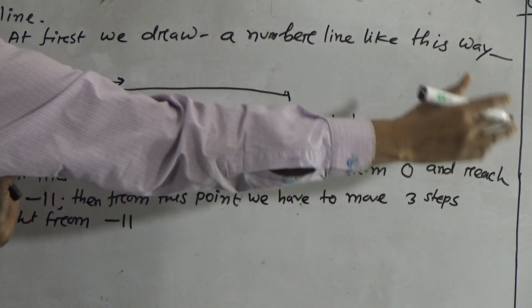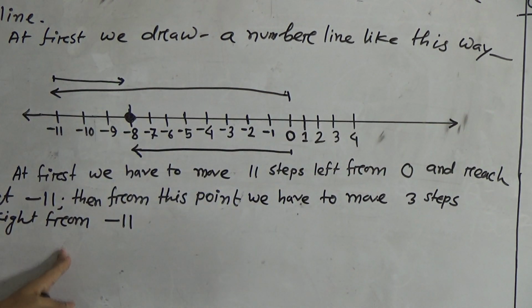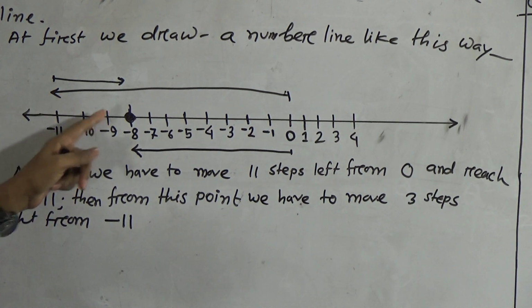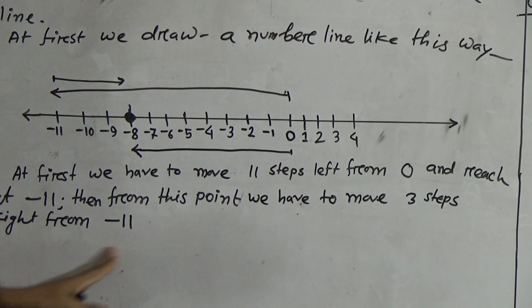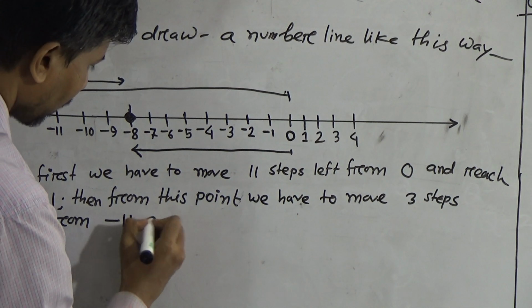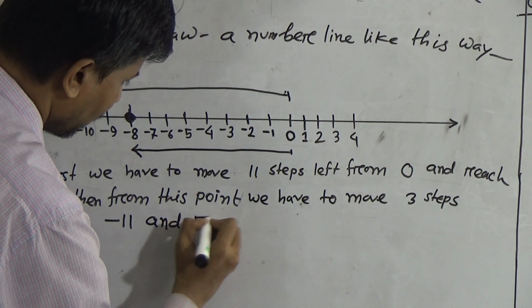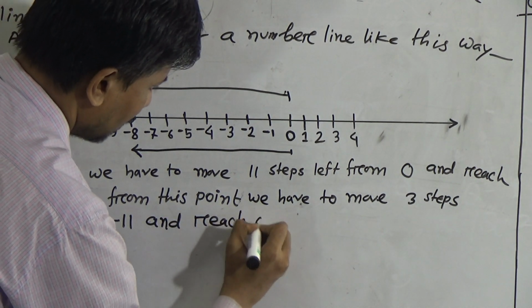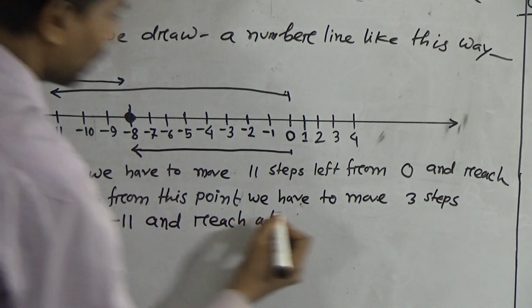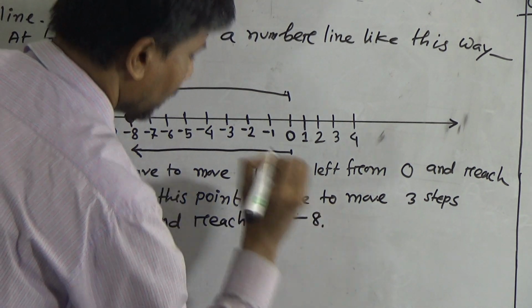This is the right side. Look, 1, 2 and 3. Okay, right from minus 11 and reach at what? Reach at minus 8.